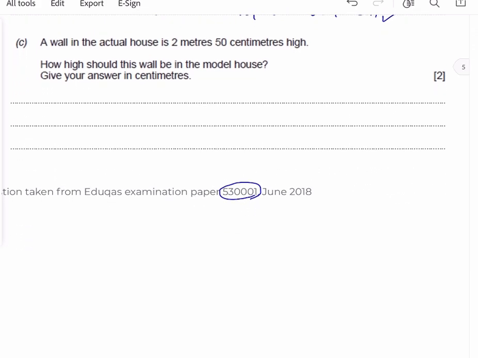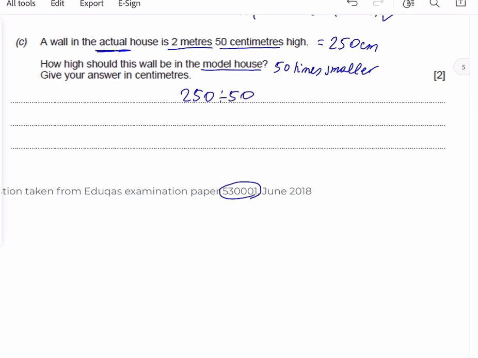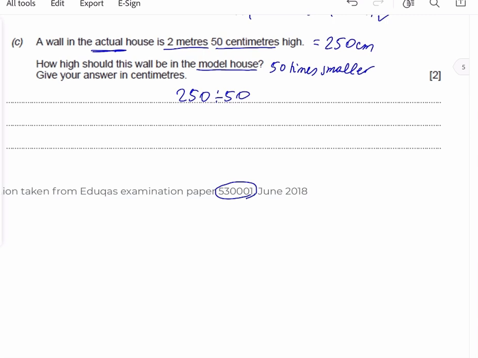Okay, so the next question is also on scale. Scale factor. A wall in the actual house is 2 meters 50 centimeters high. And how high should this wall be in the model house? So remember, the model is 50 times smaller because the scale is 1 to 50. So we're going to convert the whole measurement into centimeters, 250 centimeters, and divide by 50 because we're finding the scale measurement, not the real one.